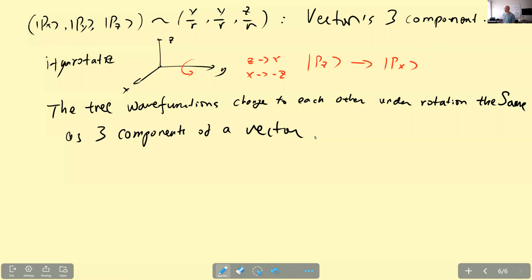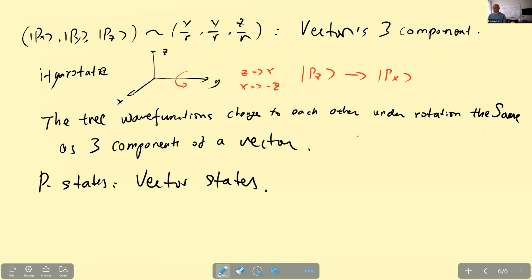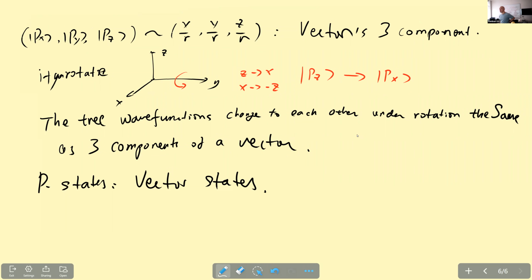Okay, so that's why we say that the p states are vector states. So that's something quite interesting, right? This is one interesting thing that we learned about these p states.